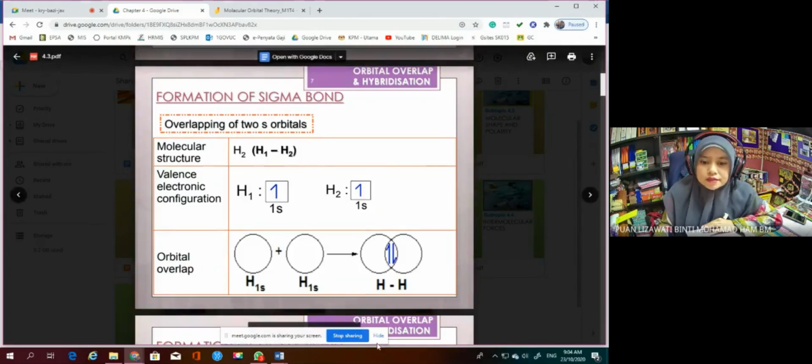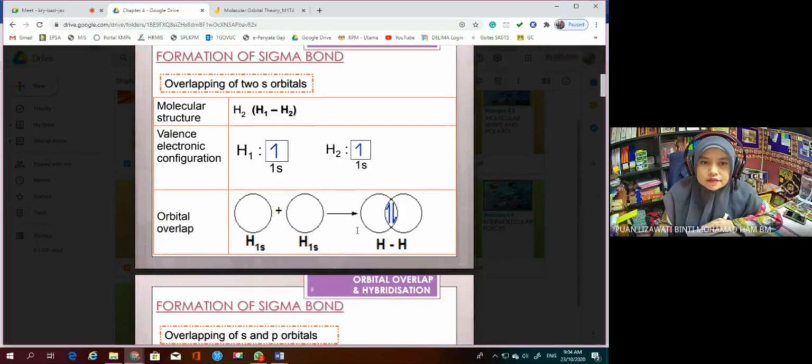Alright, for example, the H2 molecule. For each atom, when combined, it will achieve duplet. The valence electron of hydrogen is located in 1s, meaning there is an empty space here and an empty space here.